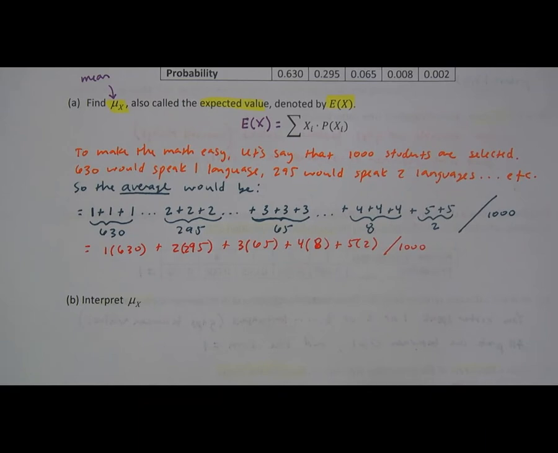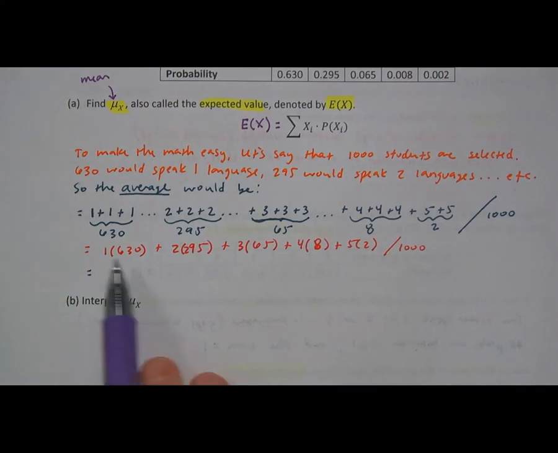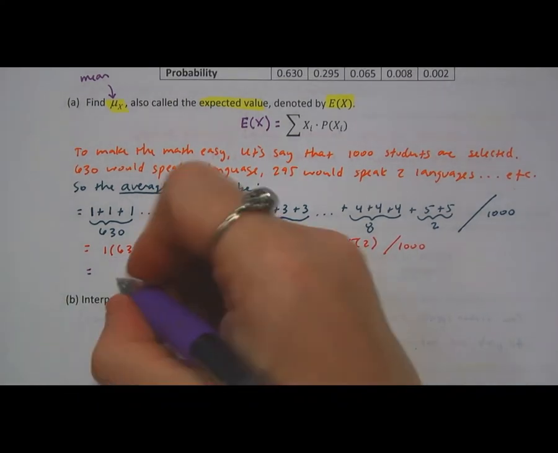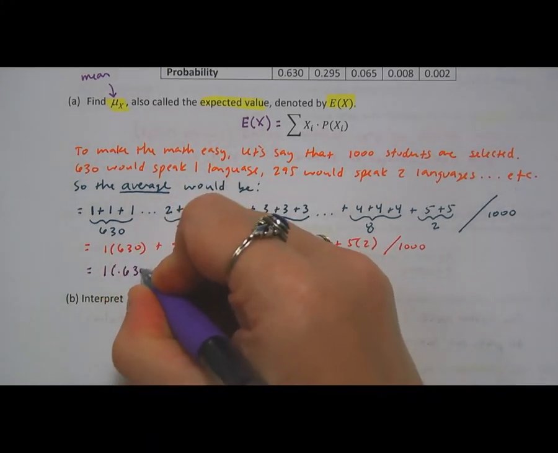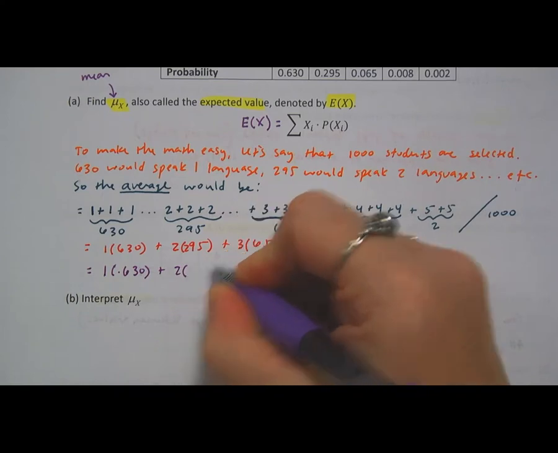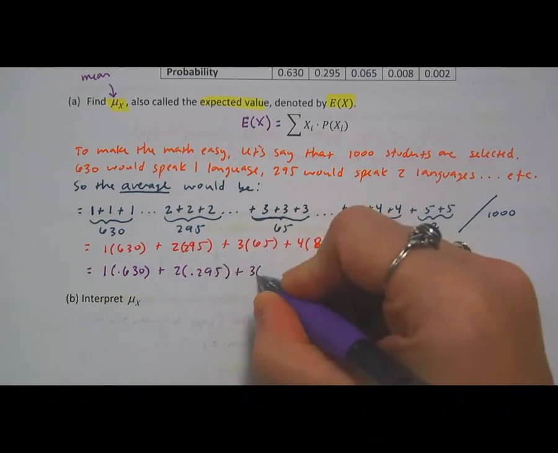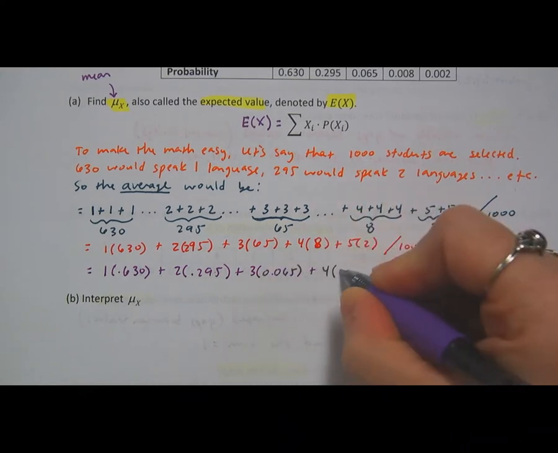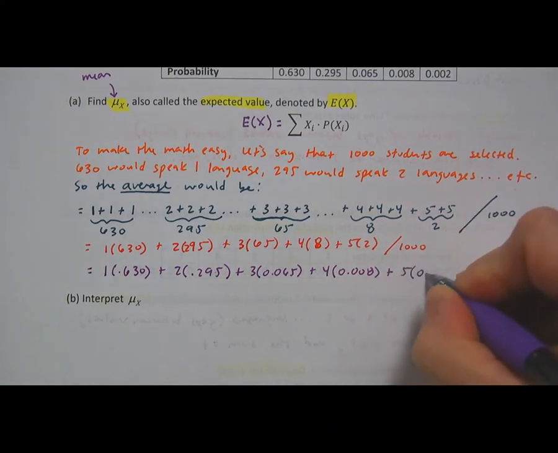And lastly, here is where the math teacher in me is finally going with you guys. Instead of dividing at the end by 1,000, you could just change these decimals to thousandths. So this is the same exact thing as 1 times 0.630 plus 2 times 0.295. Look at that table. Plus 3 times 0.065 plus 4 times 0.008 plus 5 times 0.002.